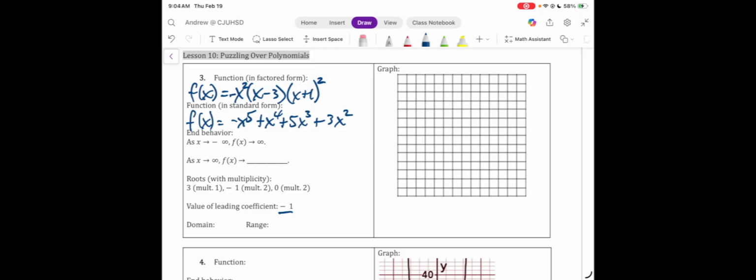So it's an odd degree. And we're coming through with roots at 0, 0, 3, and -1.